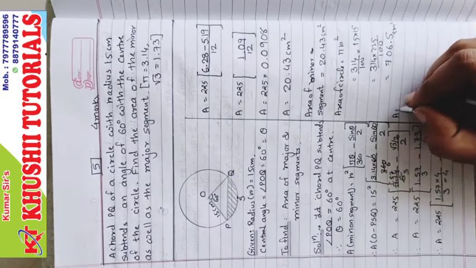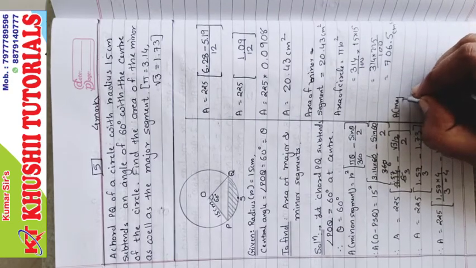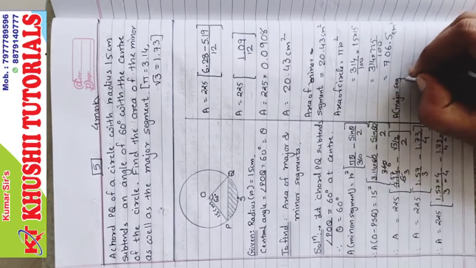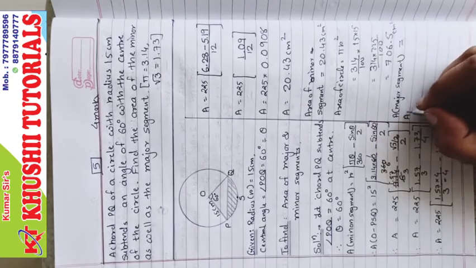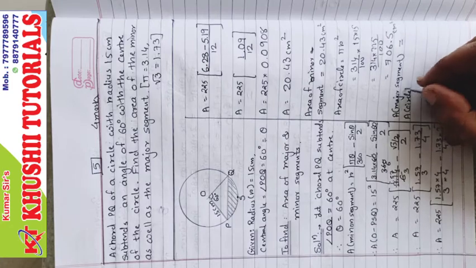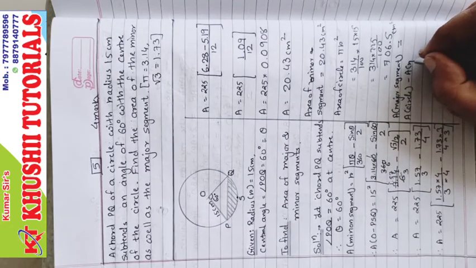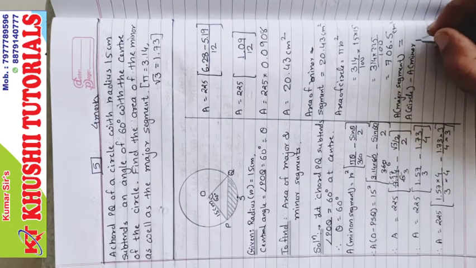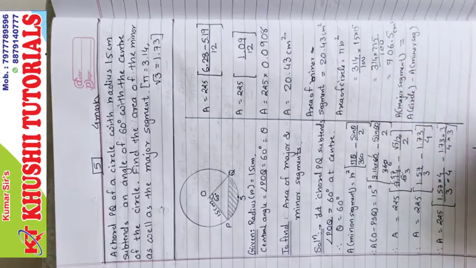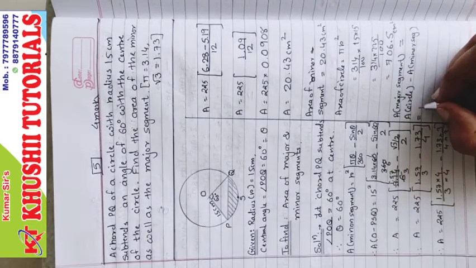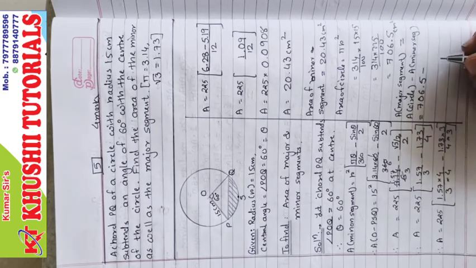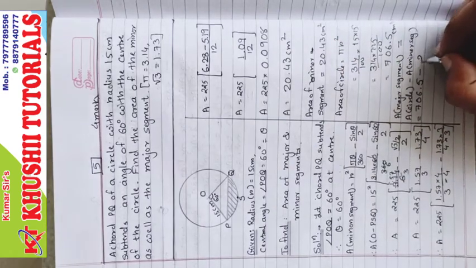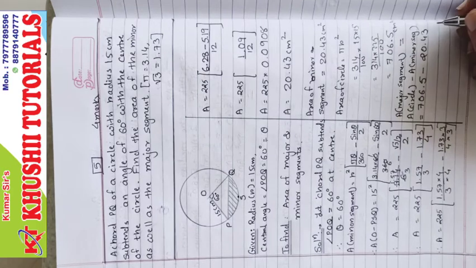Now area of major segment equal to area of circle minus area of minor segment. Area of circle, we have 706.5, minor segment we have 20.43.